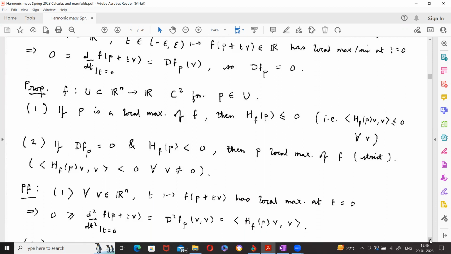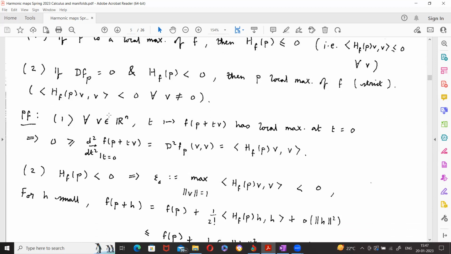And there is a partial converse to this: if the first derivative vanishes, dfp is 0, and the Hessian is strictly negative definite, so Hessian is strictly less than 0, that means that the inner product Hv, v is strictly negative for all non-zero vectors v, so it's negative definite, then p is a local maxima of f, a strict local maxima, okay?